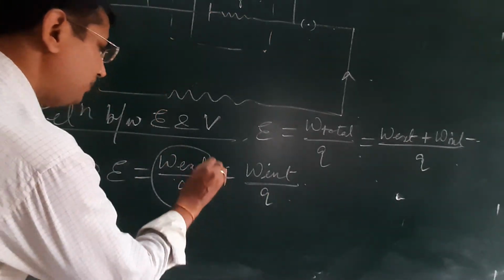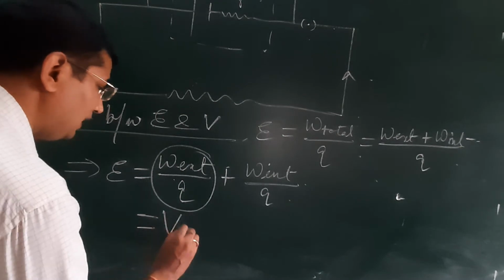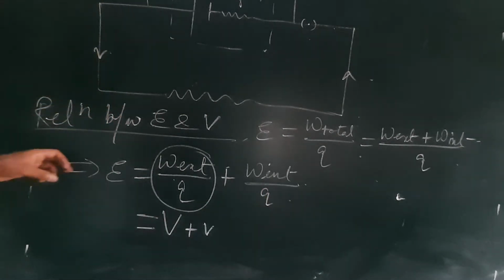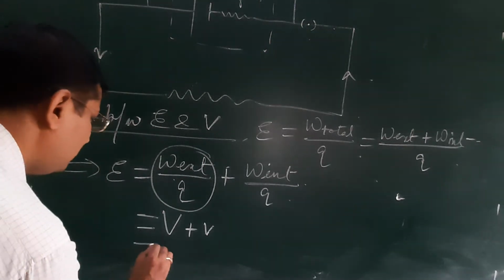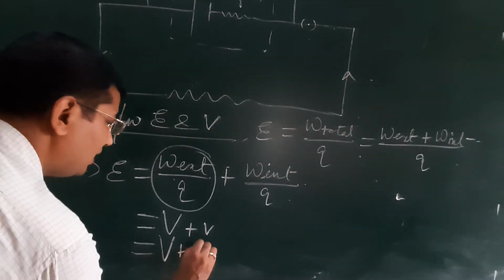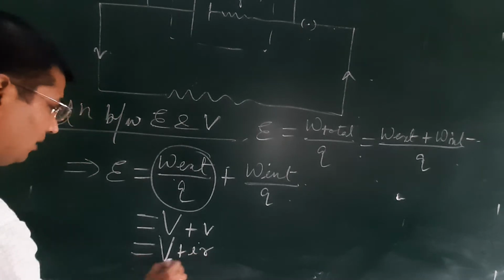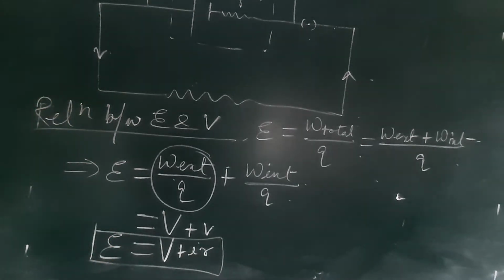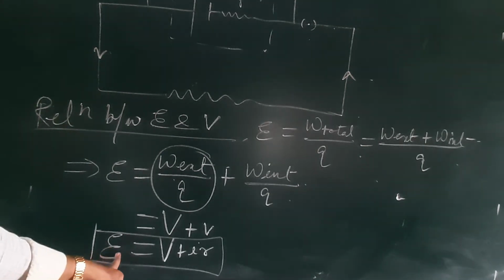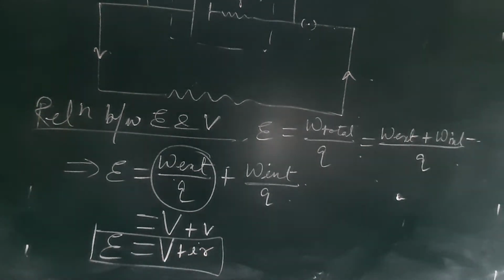So this is the terminal potential difference, capital V, and this is the potential drop, small v, inside the internal resistance. So this will be capital V plus Ir. You know, voltage is equal to current multiplied by resistance, and current is I and resistance is small r. So this is the relation between EMF of the cell and terminal potential difference.